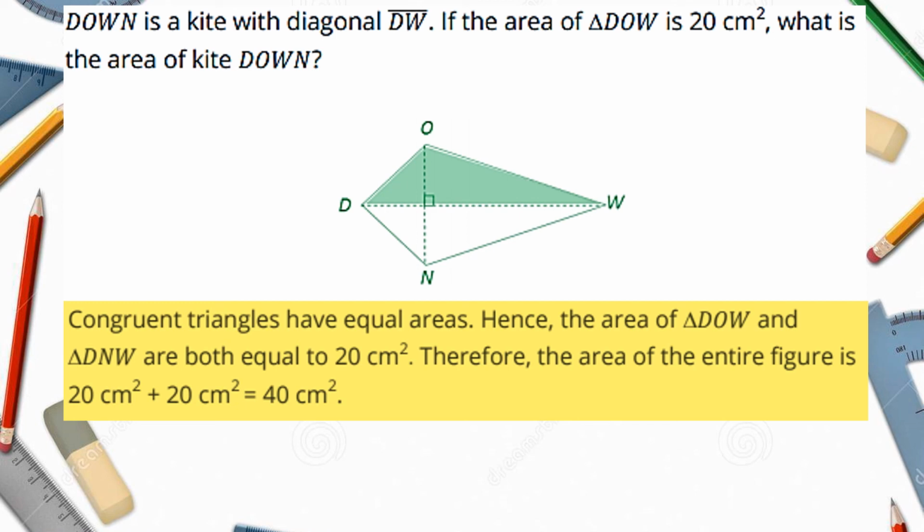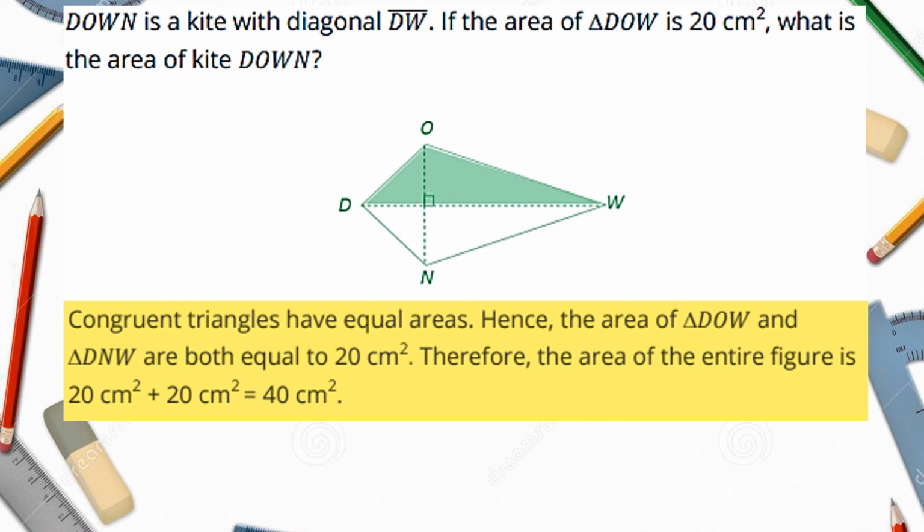So, kung maalala ninyo, when we have discussed about parallelograms, na-mention ko na ang formula ng area ng triangle ay base times height over 2. So, madali sa example na ito kasi hindi na natin kailangang isolve ang area. Given na agad. So, we have here area of triangle DOW is 20 cm squared. The question is, what is the area of the kite DOWN?